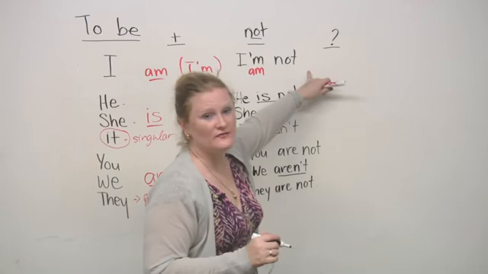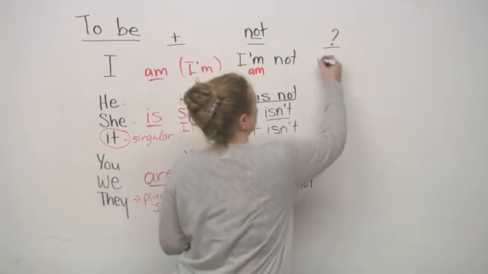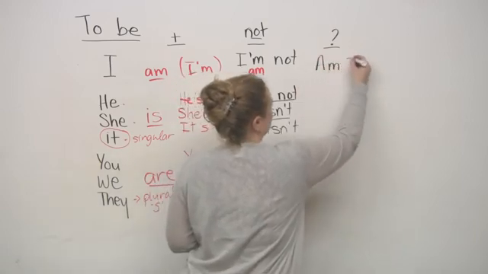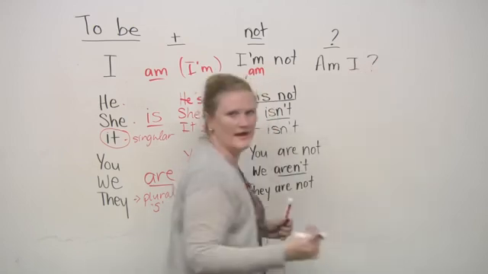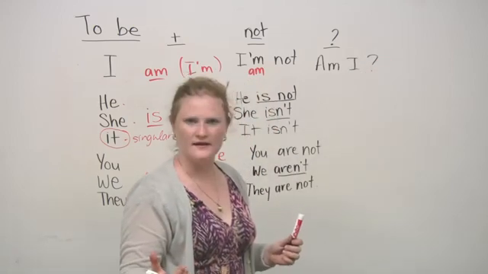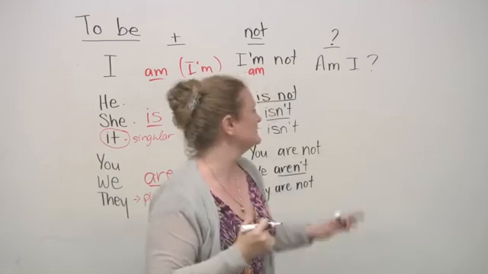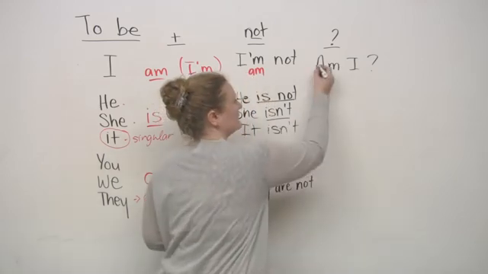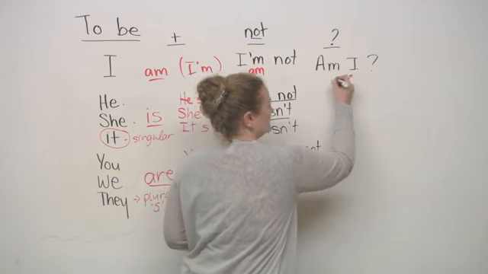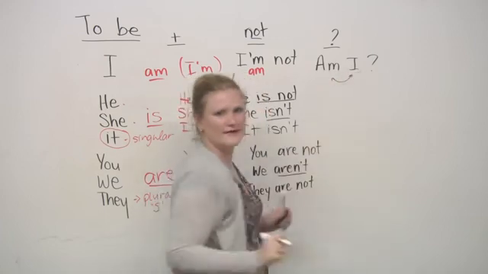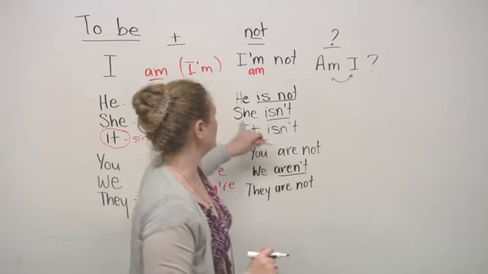So, once you have done that, you're going to start thinking to yourself, am I? Am I speaking English well? Yes, you are. When we use the question form, all we do very easily is we switch the verb and the subject. Try and do this one.